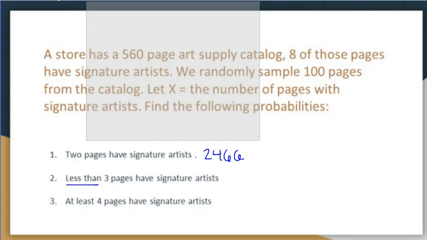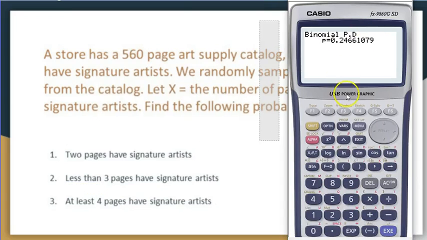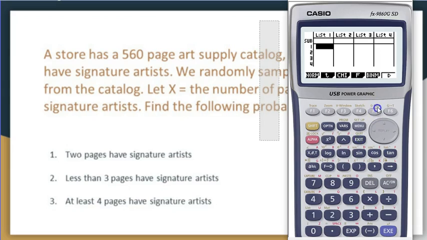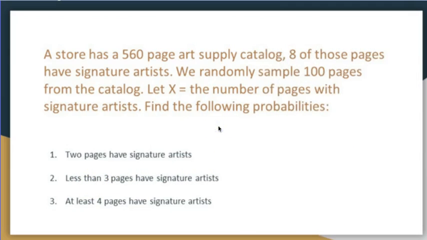Now, less than 3 pages have signature artists. Okay, so less than, that's going to be our binomial CDF, or in the Casio, it says BCD. Okay, so less than 3 pages, if you have a Casio, it's that BCD. If you have a TI, it's the binom CDF.